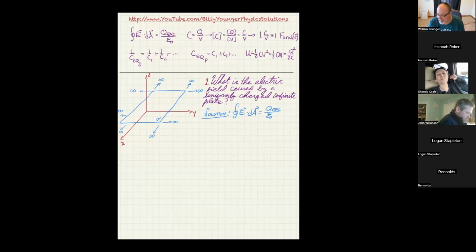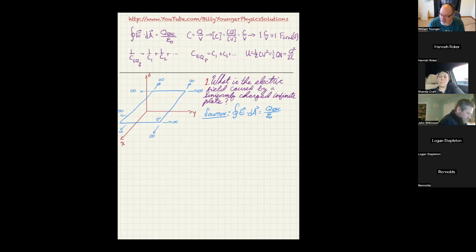Now, if you remember, what we discovered was that electric fields are perpendicular to equal potentials. Therefore, if you find a plate or a plane of some sort, some shape that has the electric field constant on it, then that's basically the definition of an equal potential surface.